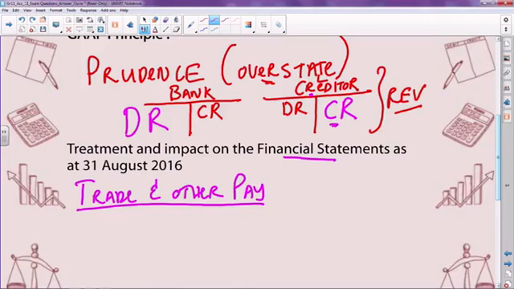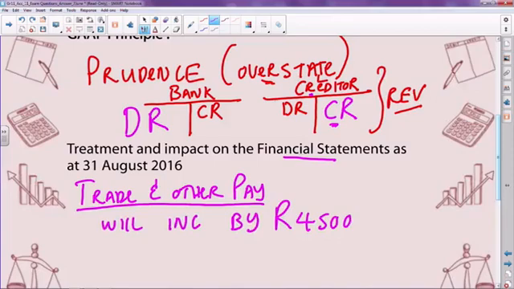So trade and other payables will increase by 4,500. Why increase? Because when you debited creditors, you subtracted that amount of 4,500. If you're now reversing the entry, you're now adding 4,500. You guys with me? So trade and other payables will increase by 4,500.